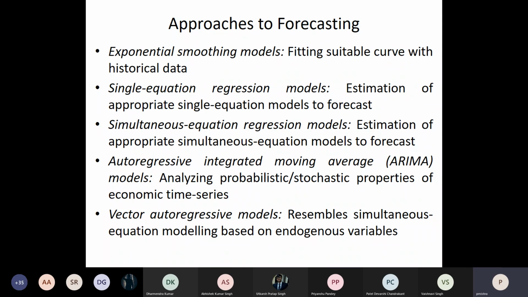Like we say, as income increases, savings will also increase, but at the same time, savings may also influence income. More savings means there is more investment. If we assume that there are investment opportunities, and more investment means more income. So there may be bidirectional causal relationships, and in this case, we may go for estimating simultaneous equation regression models.